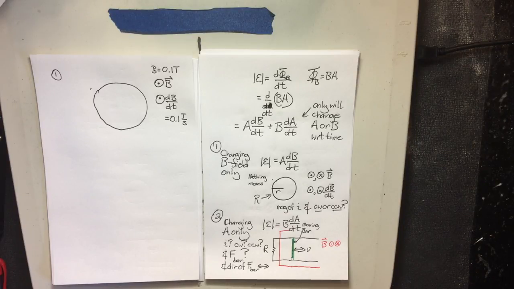If I said it's into the page at 2 Tesla, and dB/dt was going out, at a later time, would it be 3 Tesla into the page, or would it be later 1 Tesla into the page? It would be 1. Because if it's 2 into the page and dB/dt is out, it will never be 3. It will eventually become 1. And then with enough time, it would shift outward.